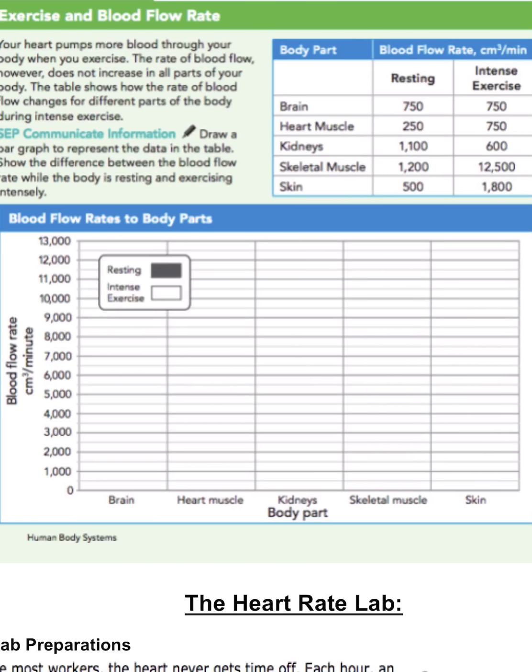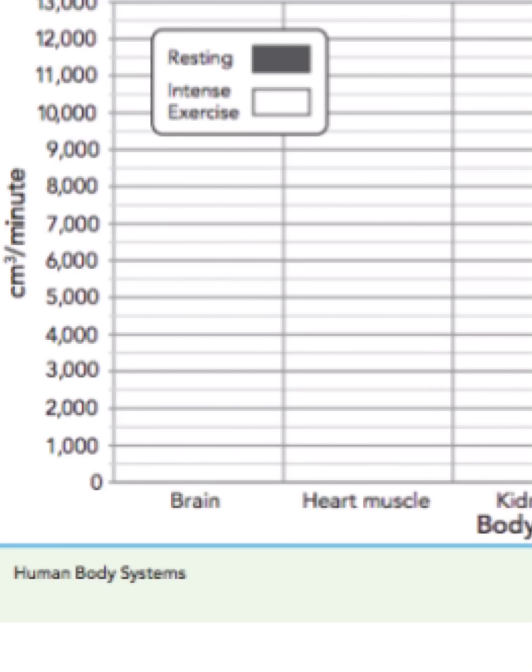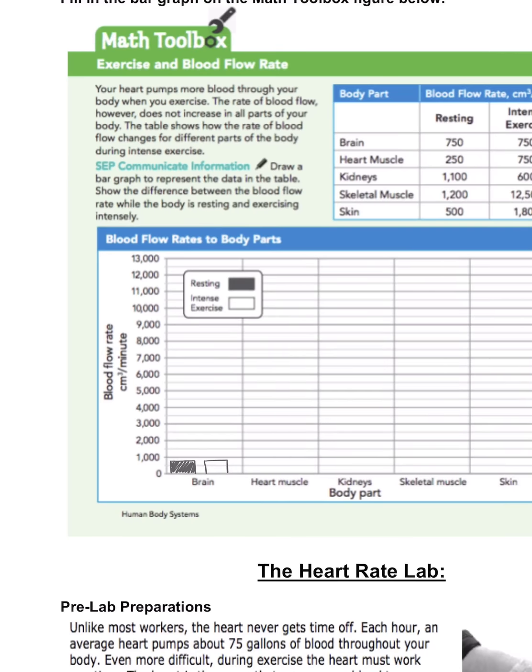The table shows how the rate of blood flow changes for different parts of the body during intense exercise. Starting with the brain, at rest it's about 750, and intense exercise is the same, 750. So I'm going to go up to where I think 750 would be on this graph, and since they're the same number, I'm just going to draw my bars, and remember that one was resting and one was after exercise.